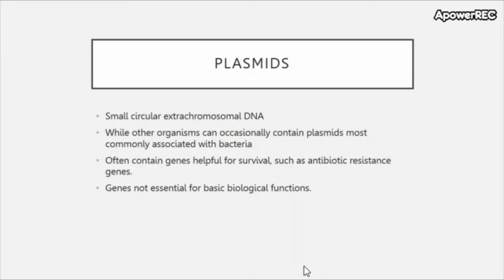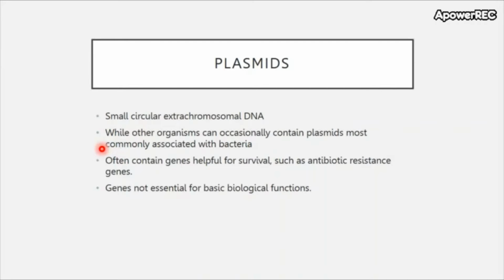Okay, let's talk a little bit about plasmids. Plasmids are much smaller than the chromosomes. They are very small and they're always circular. That is, they don't have an end. While other organisms can occasionally contain plasmids, this is very rare, and plasmids are associated with bacteria.